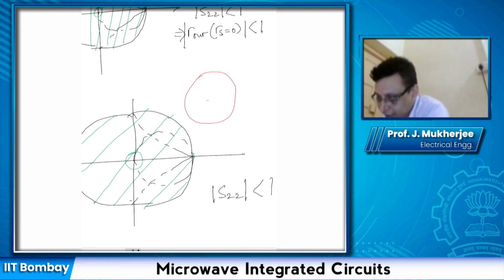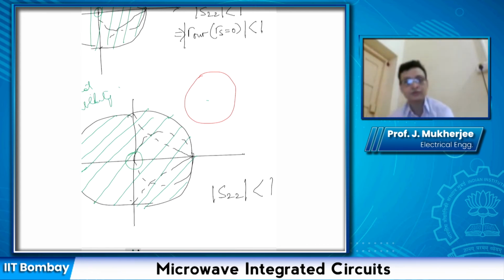It means that for any values of gamma S within the unit circle, that is, any values of gamma S lying within the passive region, the system is stable. So this represents unconditional stability as far as gamma S is concerned.